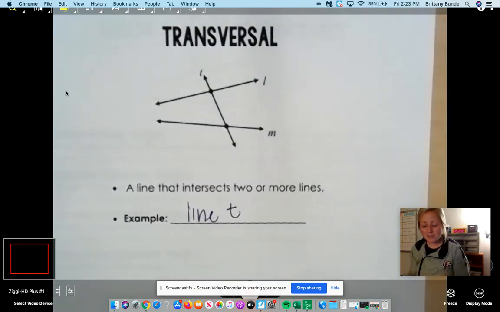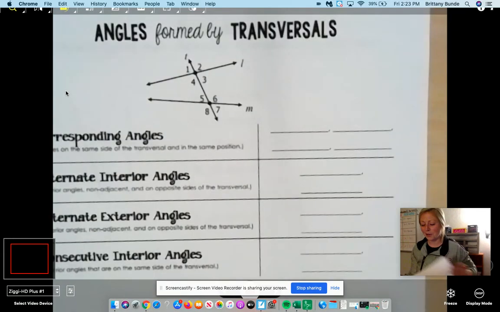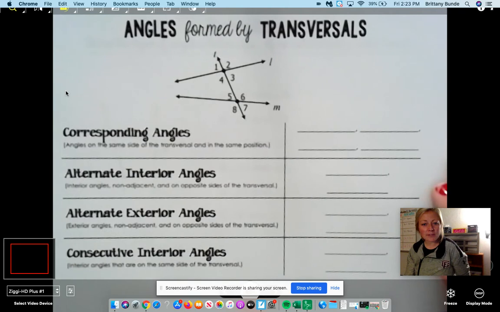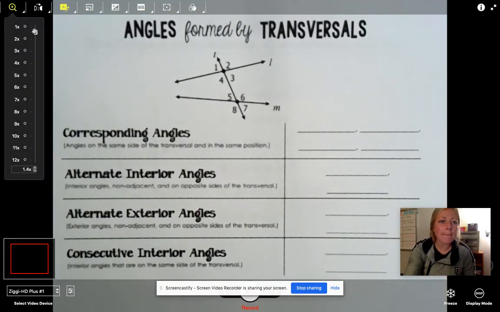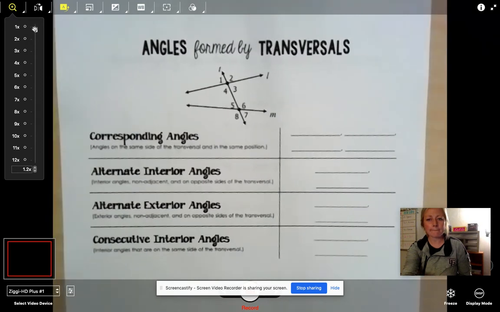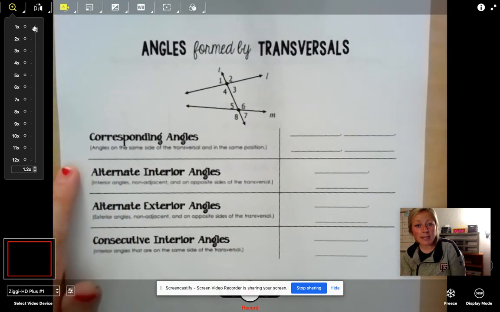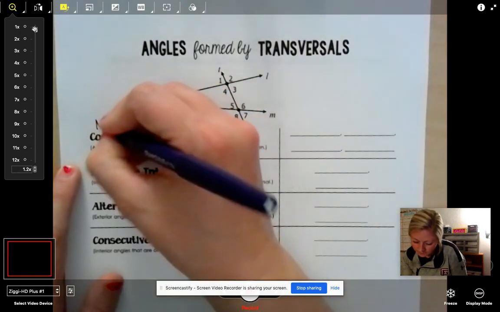Now, when this happens, we have a bunch of special angle relationships that form. It's good stuff, you guys. I might have to zoom out just a tish here. Okay, here we go. Our first angle relationship is corresponding angles, and I like to say that they're in matching spots.